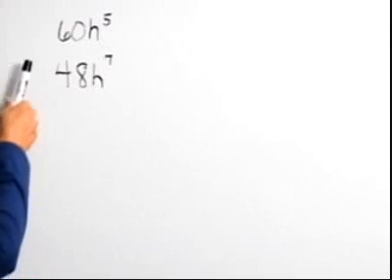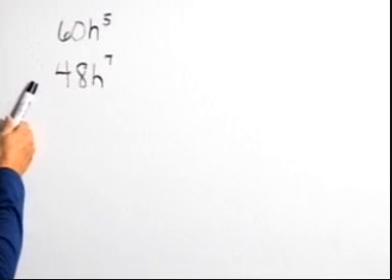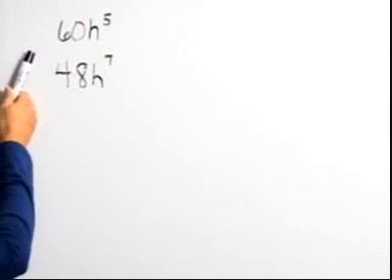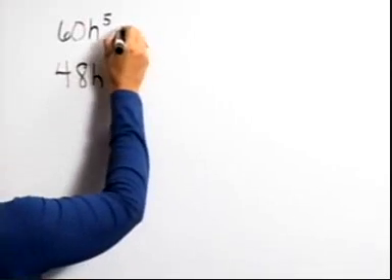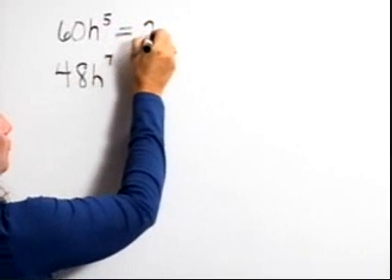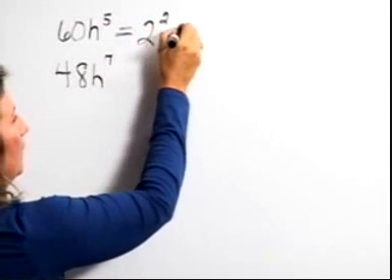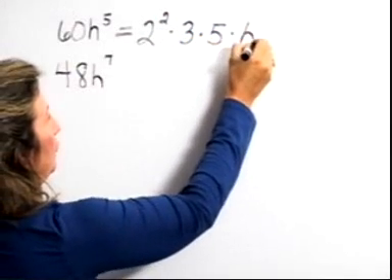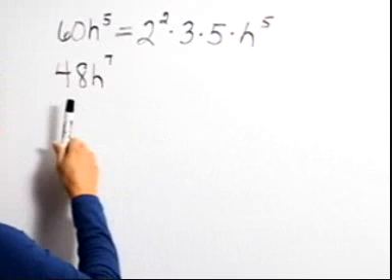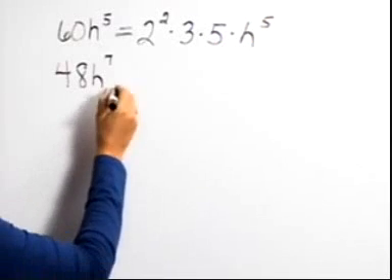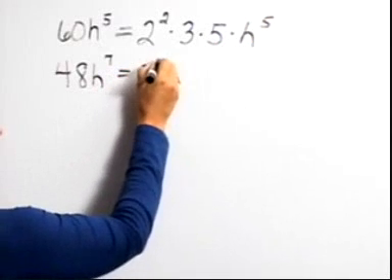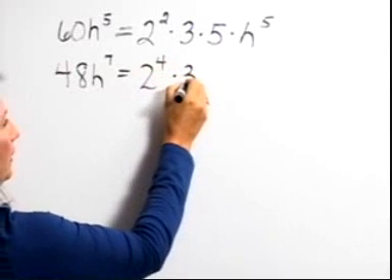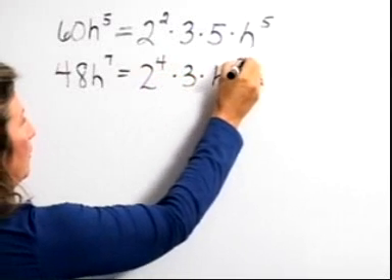Find the GCF of 60h to the fifth and 48h to the seventh. We'll begin by finding the prime factorization of each. For 60h to the fifth, that will equal 2 to the second times 3 times 5 times h to the fifth. For 48h to the seventh, that'll equal 2 to the fourth times 3 times h to the seventh.